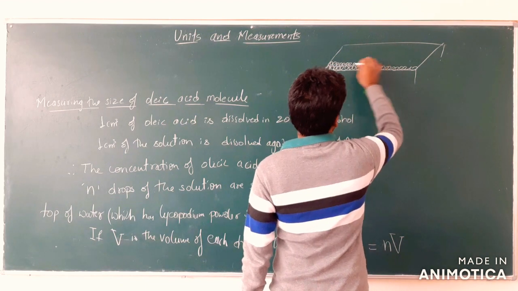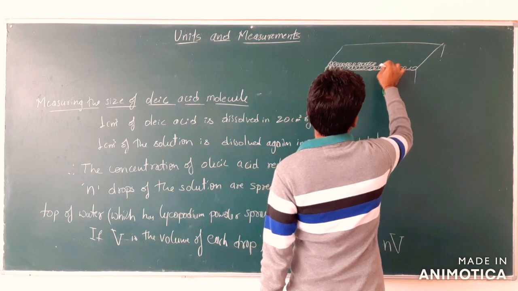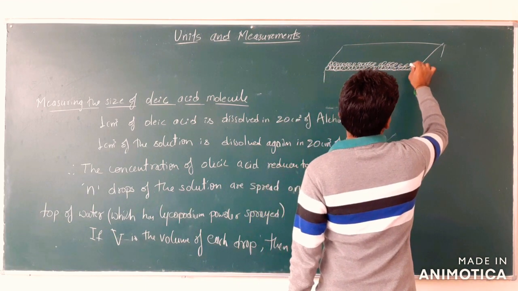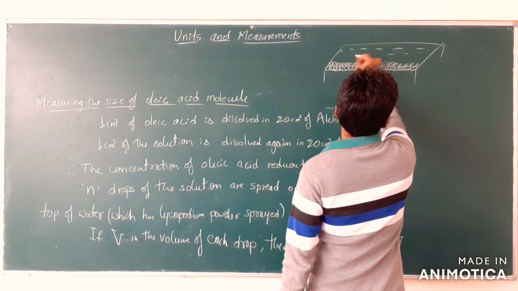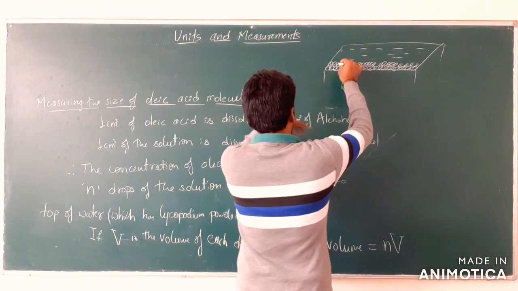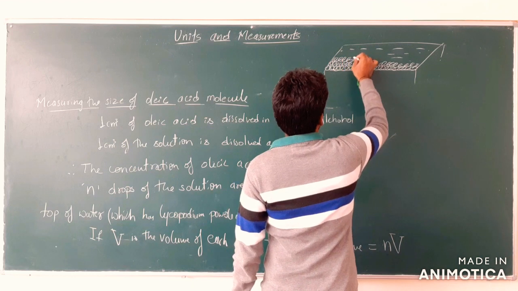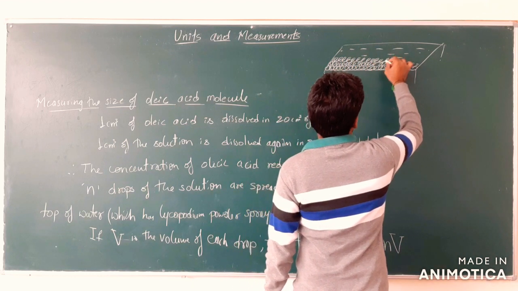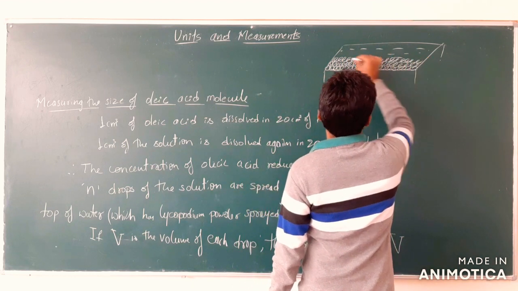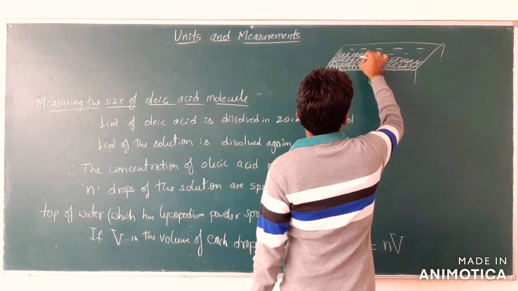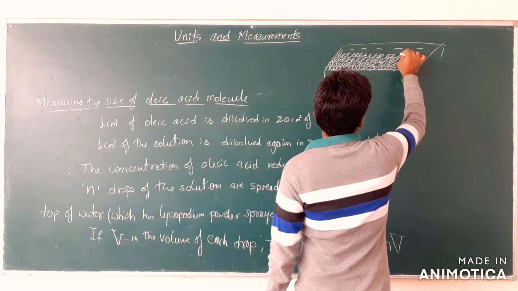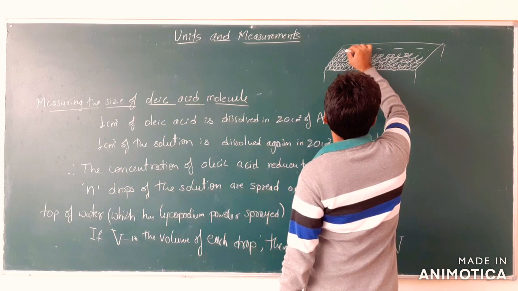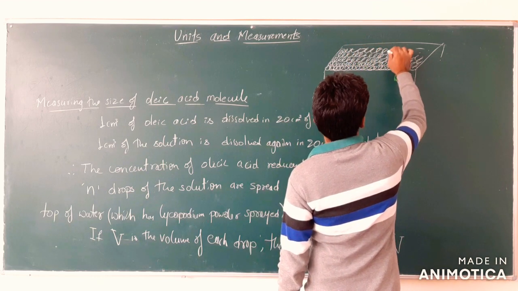See, this is the surface. You should imagine it in 3D, somewhat like a container with water. It was filled with water, and now we have oleic acid spread on top of it in such a way that it forms a monomolecular layer. Okay, a single molecule in each layer.